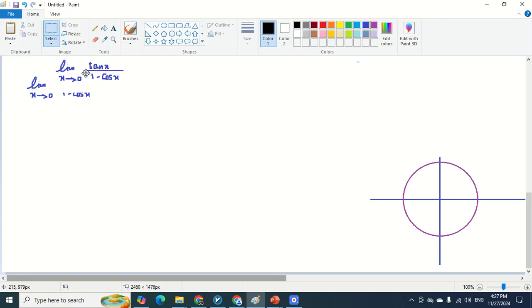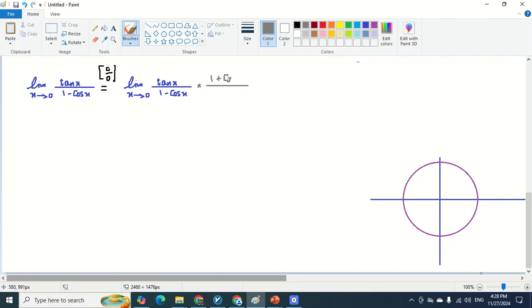So we should apply some trigonometric identity to simplify that expression, and as you can see, we have 1 minus cosine x at the denominator, so the best thing is multiplying by 1 plus cosine x, which is the conjugate of the denominator, and dividing by the same term to avoid changing the value.